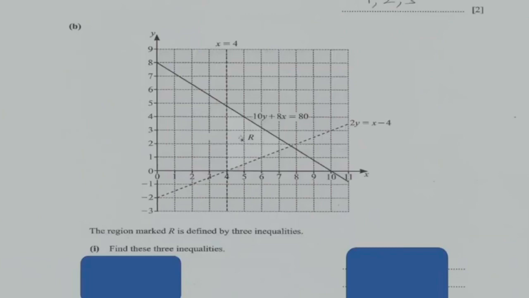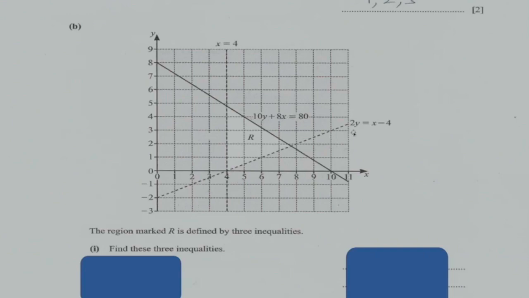The region marked R is defined by three inequalities. Find these three inequalities. So this one, not a dotted line, this is a thick line. So this thick line we can write 10y plus 8x less than or equal to 80.